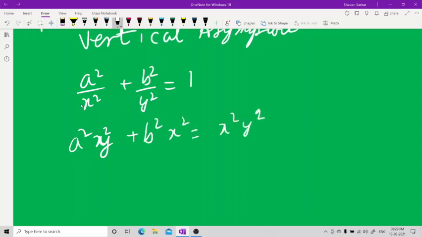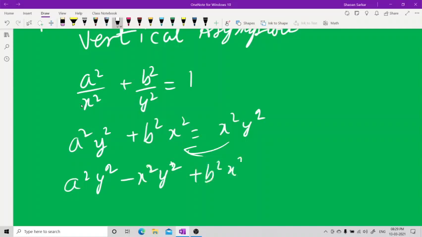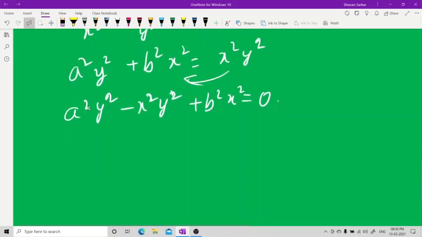Now bring this here: a square y square minus x square y square plus b square x square equal to 0. Now take y square common. Then you have y square into a square minus x square plus b square x square equal to 0.